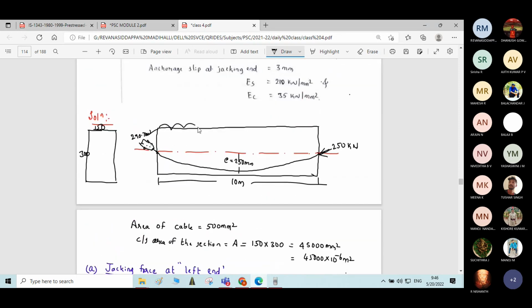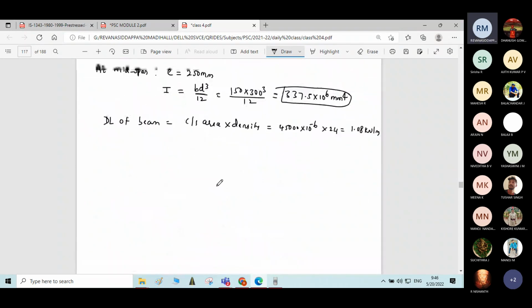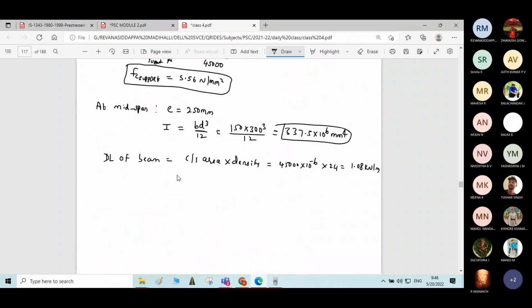Therefore, the live load on the beam is equal to 4 kilonewton per meter. By this we get the total load. Therefore, total load W is equal to 5.08 kilonewton per meter.